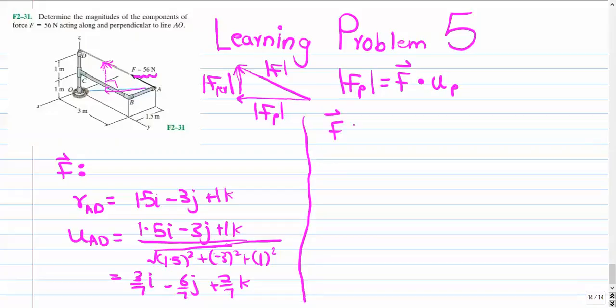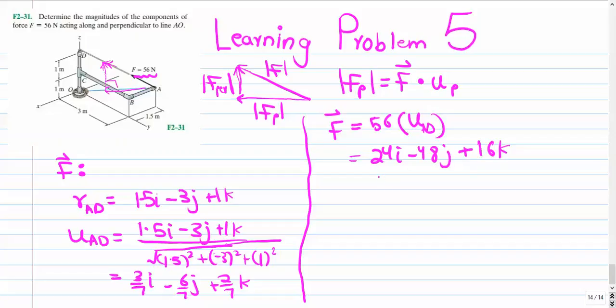So our force vector is 56 multiplied with this unit vector along the line of the force, which is AD, and we have 24i minus 48j plus 16k.